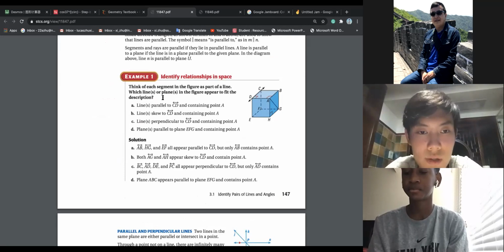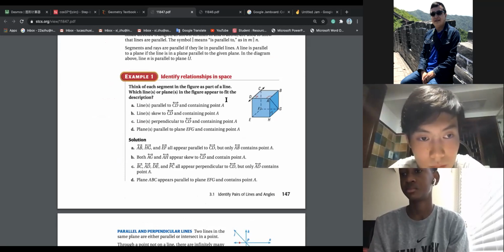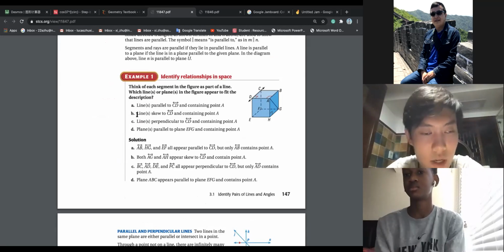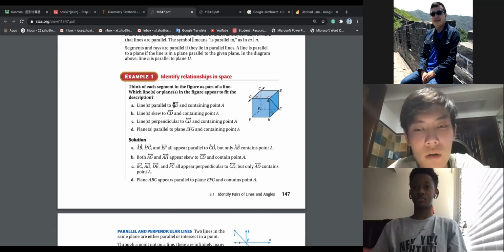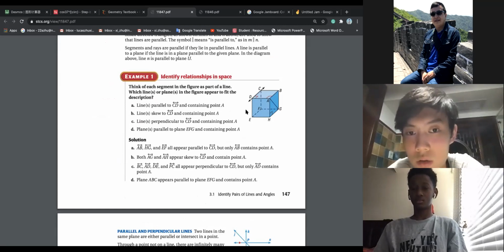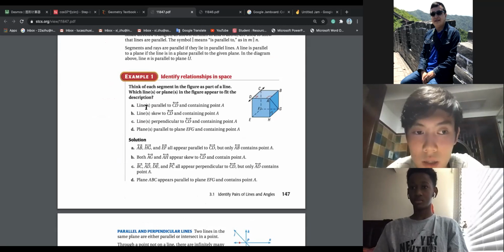distinguishing is part of the thing. Think of each segment in the figure as part of the line which appears. Let's try A. Lines parallel to line CD and containing point A. So let's find CD right here, line CD, right? This is line CD. And it wants us to find a line or lines that are parallel to CD and also contain point A, which is right here.